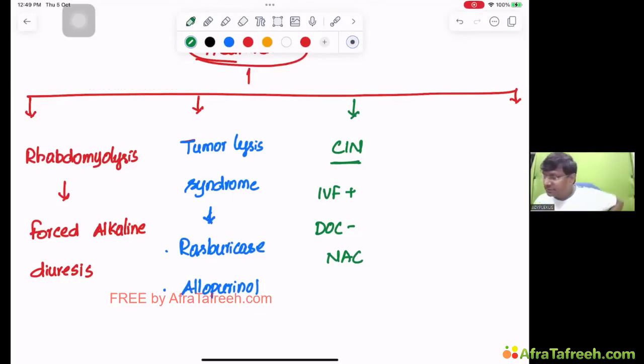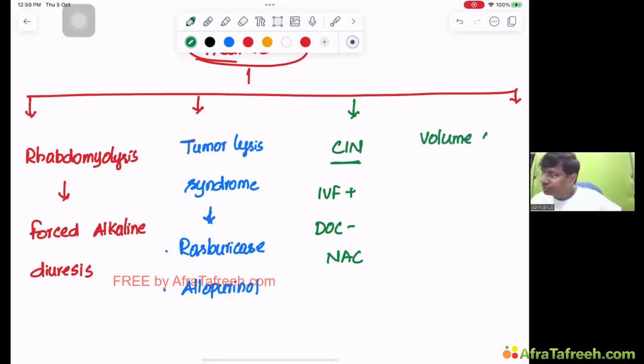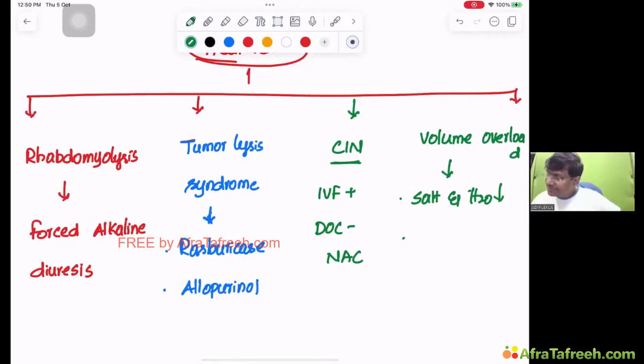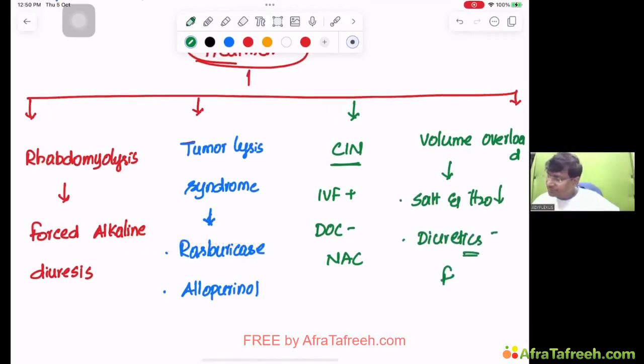Okay, then the next important point: we have discussed that these patients are volume overloaded. So how will you treat that volume overload? You have to treat them by salt and water restriction. Then at the same time you should give diuretics. The diuretic we give is furosemide.